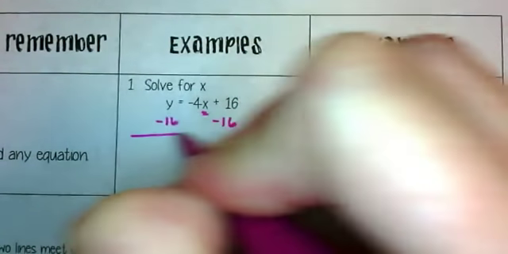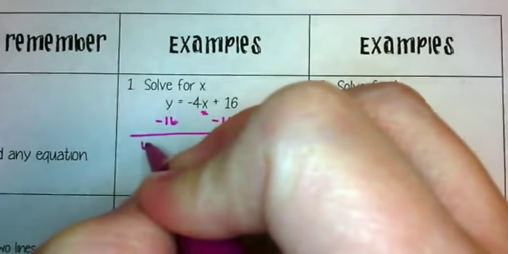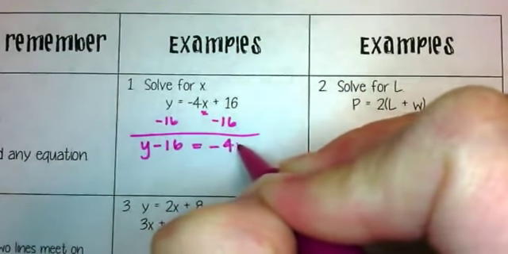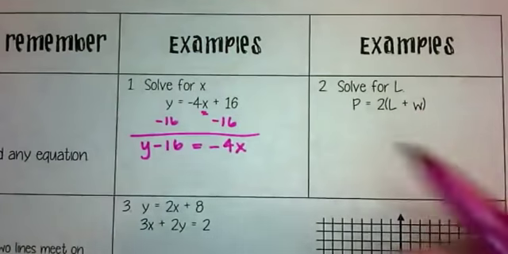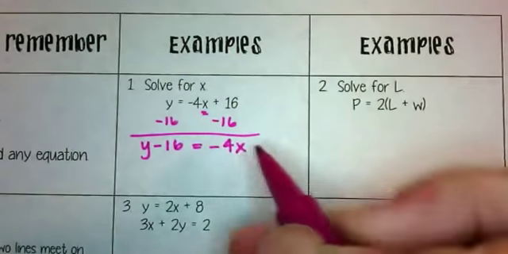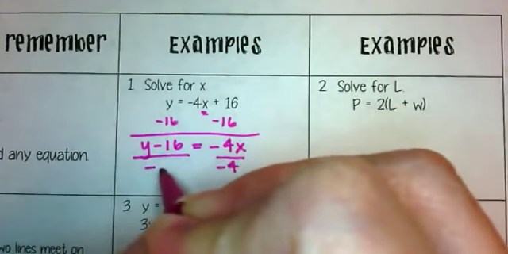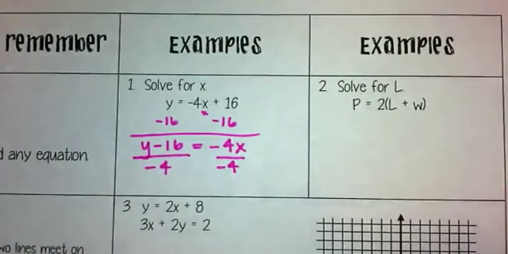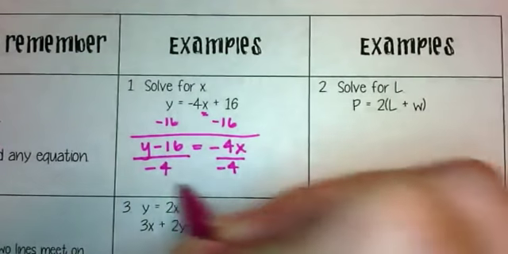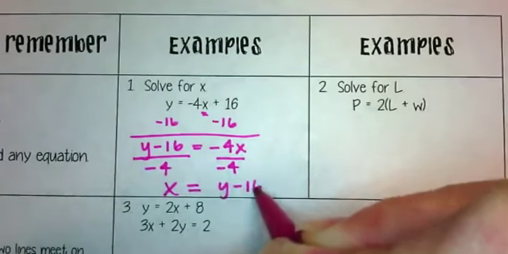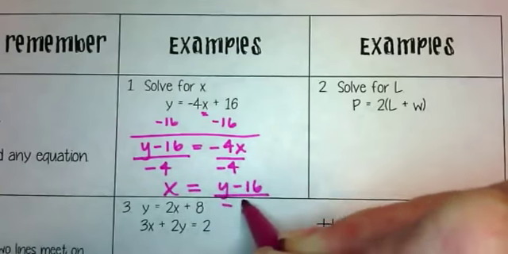When we do that, we would end up with y minus 16 equals negative 4x. Again, we're trying to isolate the x. So to get rid of the negative 4, we would divide both sides by negative 4. So x is going to equal y minus 16 over negative 4.